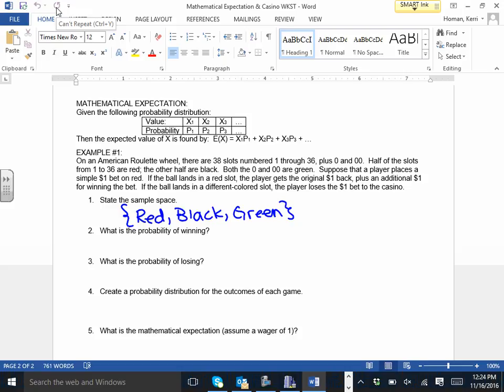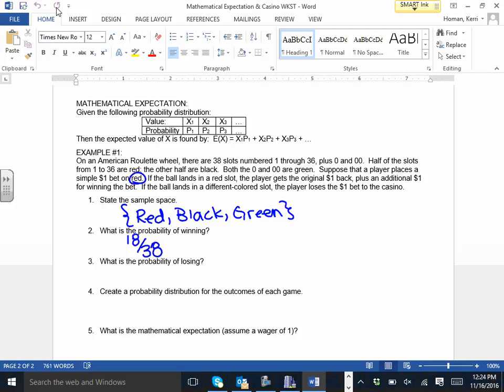Okay? The probability of winning. We win if we land on red. How many red spaces are there? 18. There are 18. So the probability of winning is 18 out of 38. We can reduce it, but I'm not going to right now.